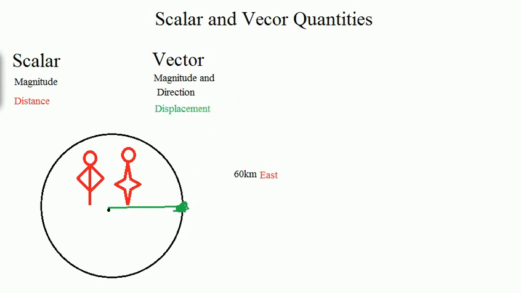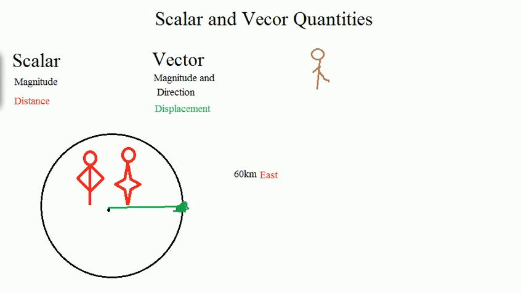Got it? Now I will give you one more example to understand the difference between distance and displacement. Say this is you, and you are very happy. You are going to your friend's house for a party.